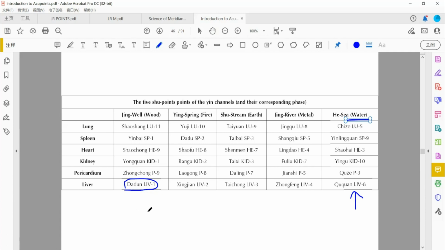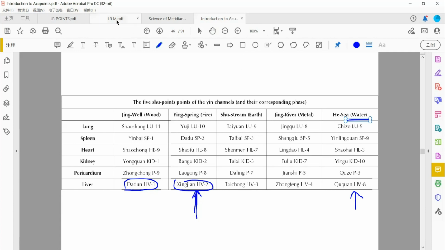So we will reduce on some point, because wood generates fire. The fire point is the son point. So we can reduce on liver 2, massage or press or needle on liver 2.